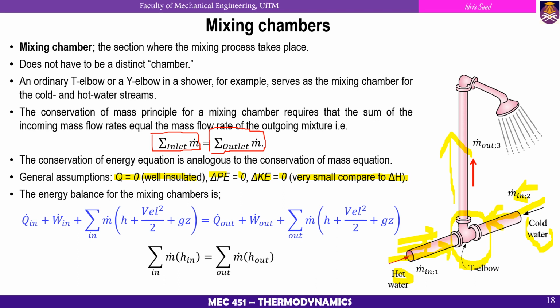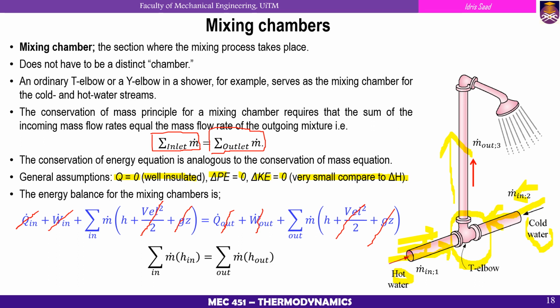So in the energy balance equation, the first term, Q dot in, we can cancel out, the second term, work dot in, we can cancel out, the third one, the kinetic energy, we can cancel out, the fourth one, the potential energy, also we can cancel out, and then Q out also we can cancel, work we can cancel, and kinetic and potential energy we can cancel.